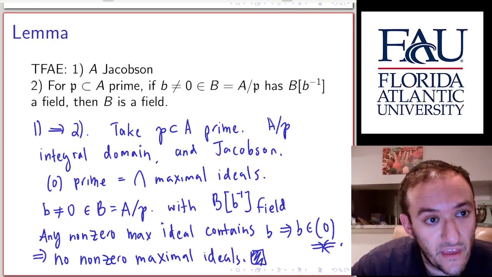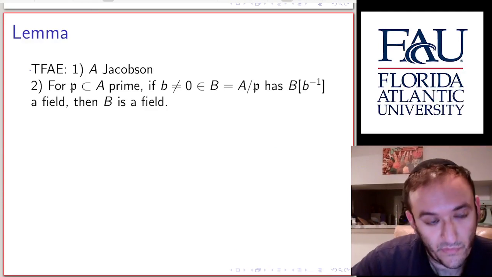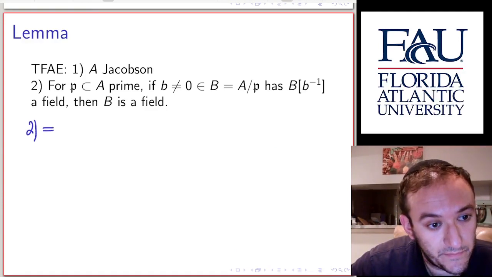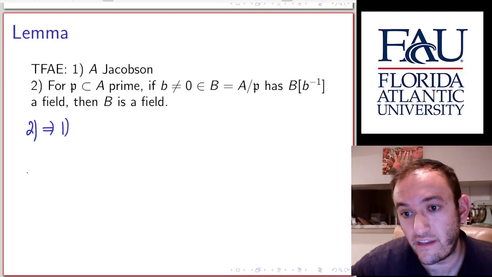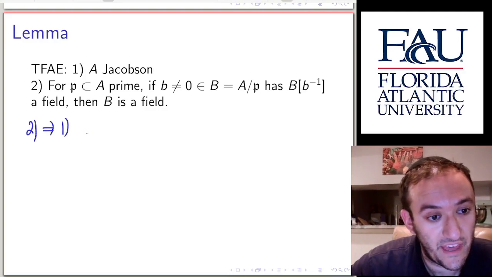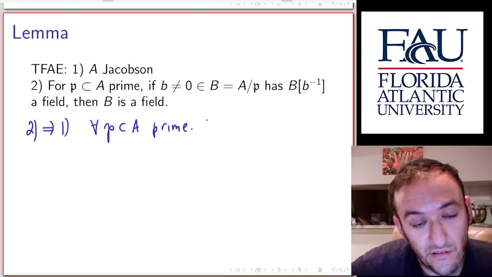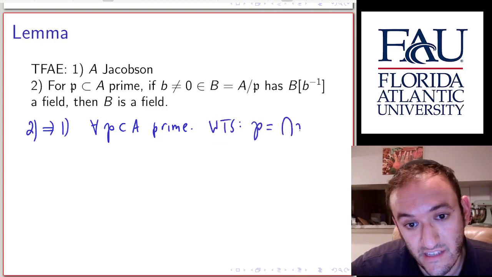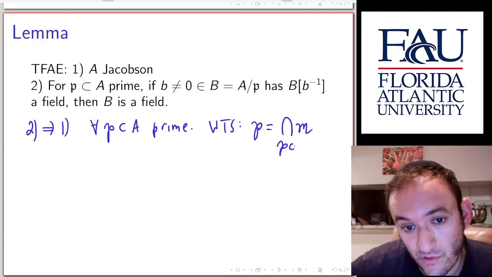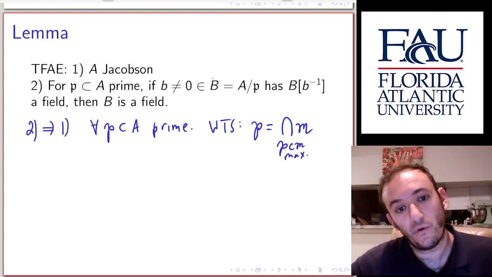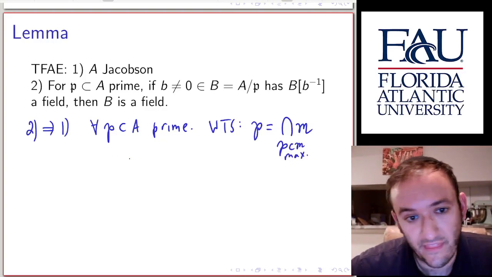Okay, now let's consider the other direction. So we're going to look at 2 implies 1. In order to show that the ring is Jacobson, we want to show that for any prime P in A, P is equal to the intersection of M maximal such that P is contained in M. Well, how would we go about showing that?